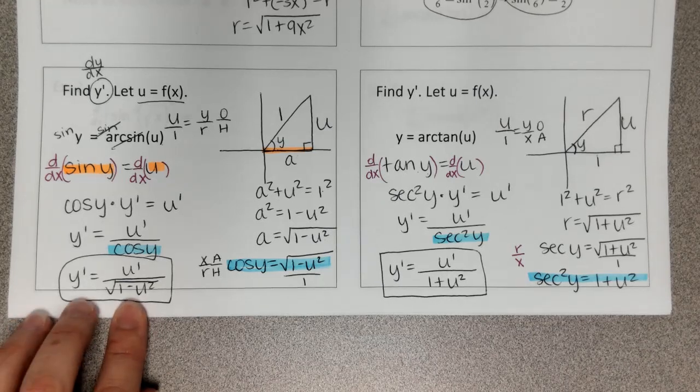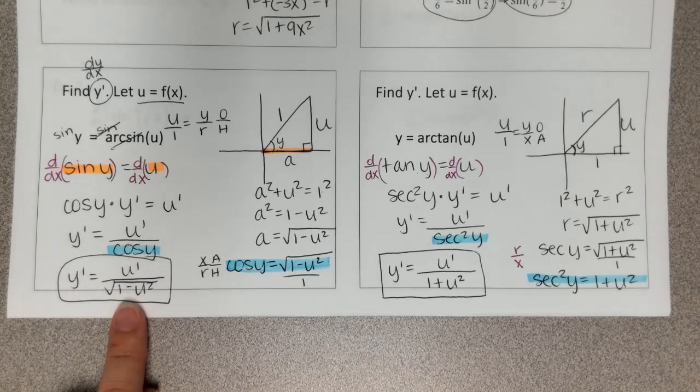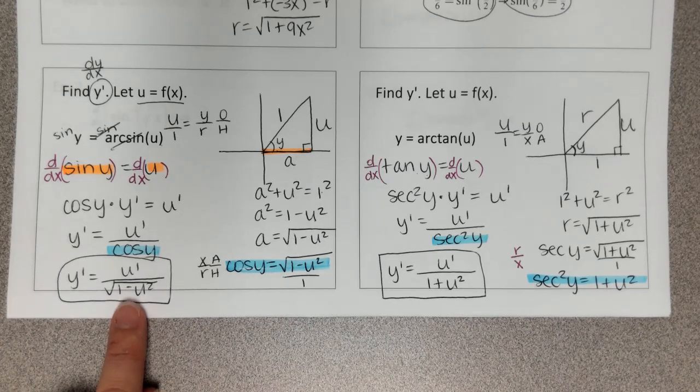Okay, I want you to think if you were to do the same process with arcsecant. You don't have to do it. I just want you to think about it. Would that have a square root in it? Would it only have a square root in the bottom? What do we think?